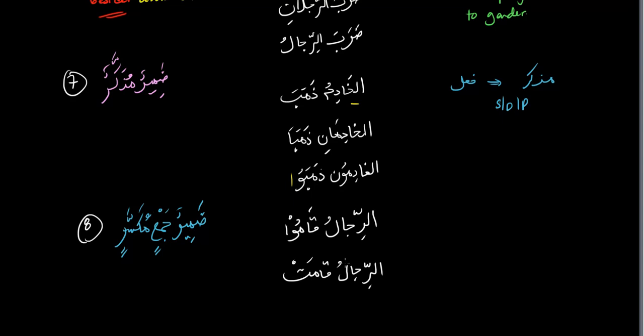Look. If the damir is jam'a mukassar, so this is fi'l, right? Fi'l, and then the fa'il. الرجال, this is mubtada, and khamu is the fa'il. الرجال خامو. ضمير جمع مذكر, ضمير جمع مكسر. الرجال, this is مبتدا.